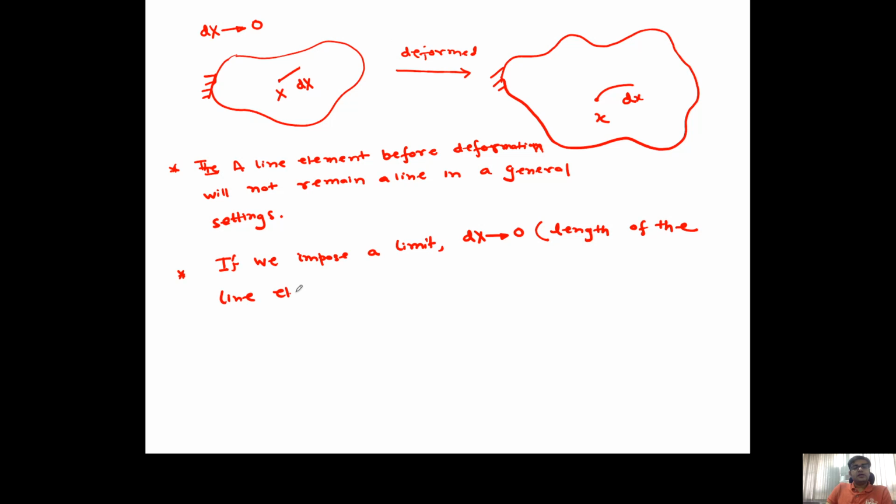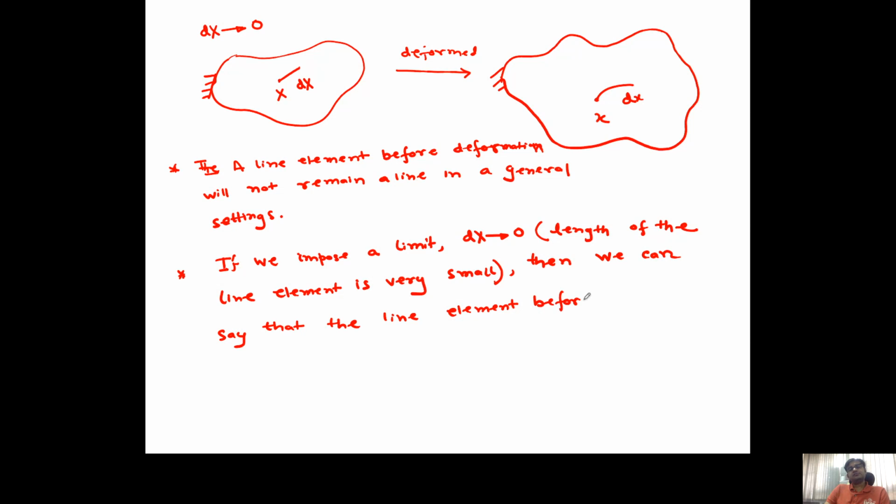If we impose this limit, then we can say that the line element before deformation will remain a line after deformation.